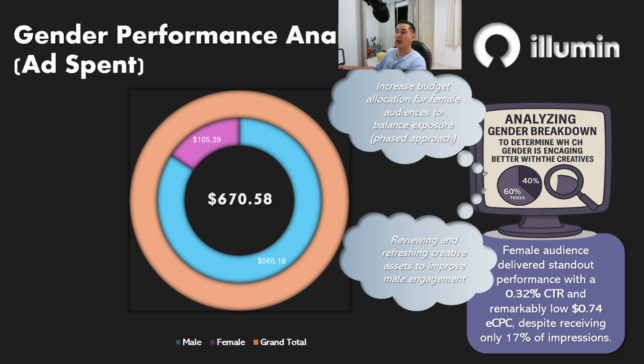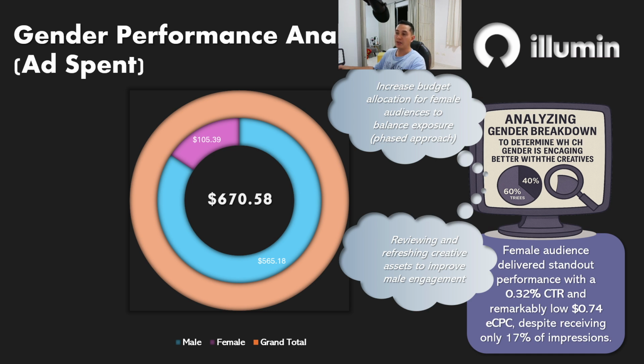That's 3.5 times better efficiency. Despite this dramatic difference, we're currently allocating 83% of our budget to the underperforming male audience. I recommend gradually shifting toward a 60-40 female-male split, which our model suggests could improve overall campaign performance by 25 or 30%.